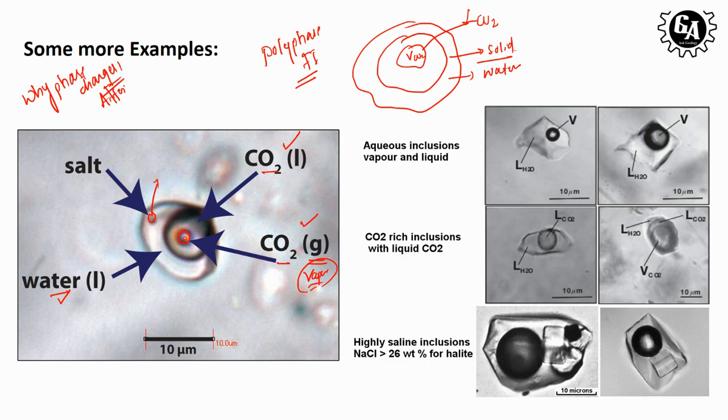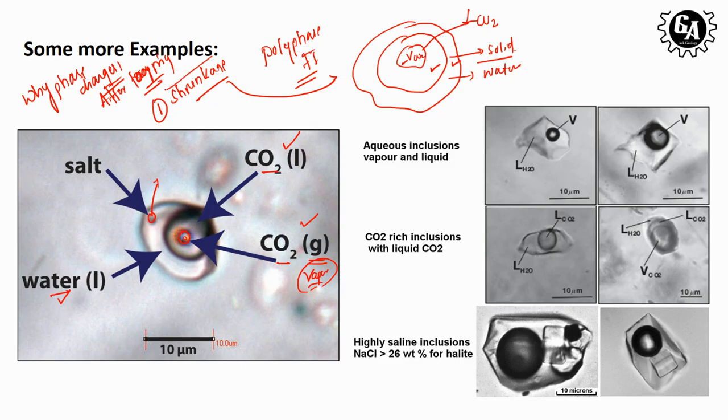After trapping the fluid inclusion, it can happen due to shrinkage. This gradation, with solid outside, then water, then liquid carbon dioxide, then vapor carbon dioxide, is due to shrinkage.